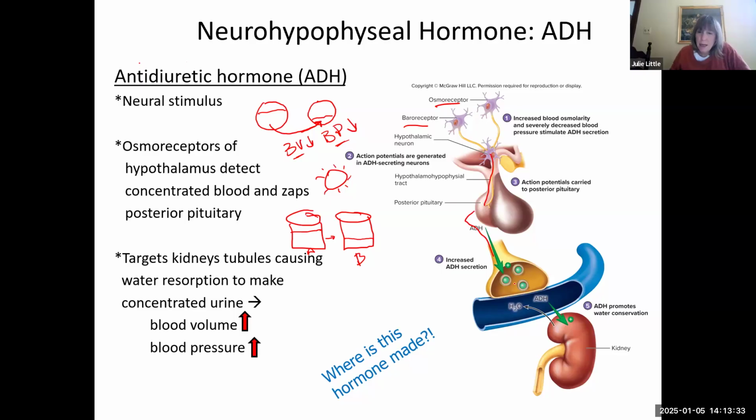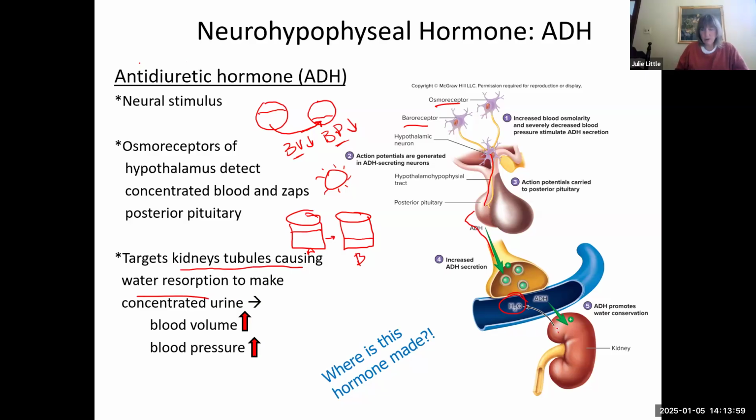And what happens is that ADH goes to the kidneys, and it tells the kidneys to put more water back in the blood. So the kidneys are making urine. And when you're making urine, you can decide, do I want to keep all the water in the urine, or can I put some back into the blood? If you put it back into the blood, it's called resorption. So the kidney tubules will resorb water.